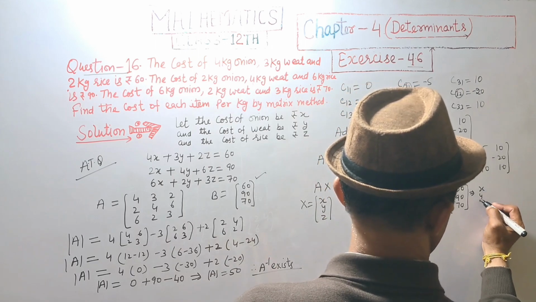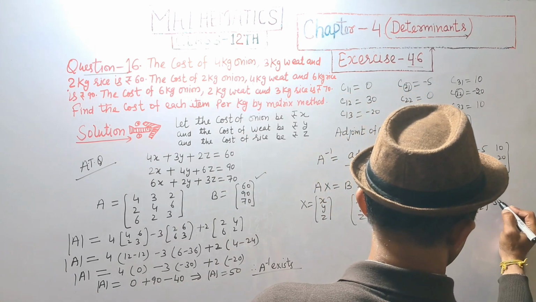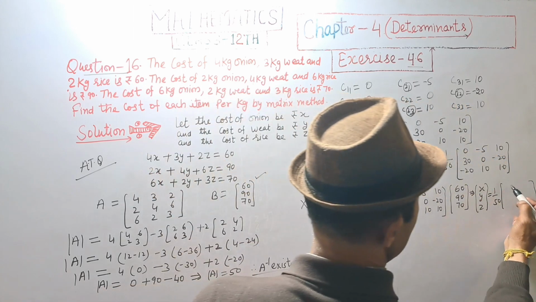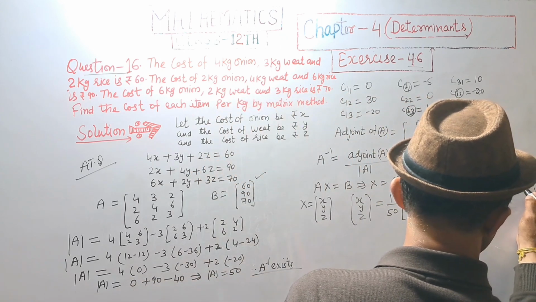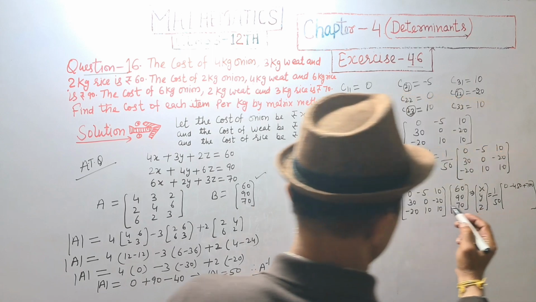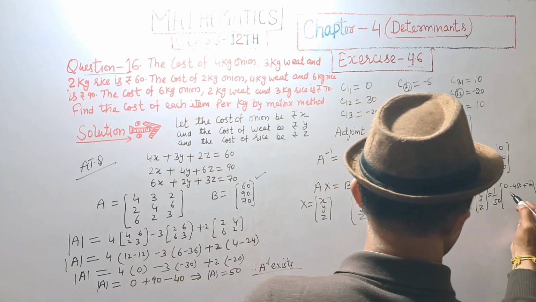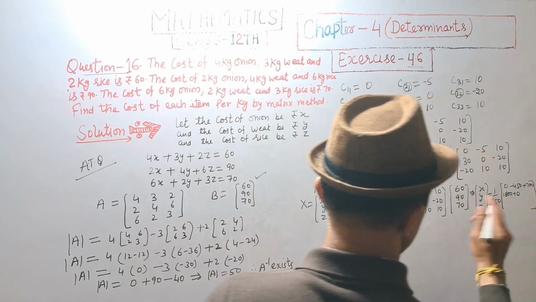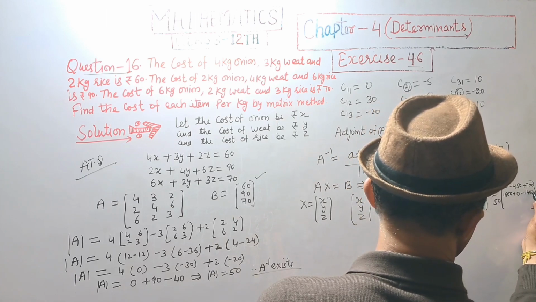This implies x, y, z is equal to 1 upon 50, 0, 9 5s are 45, minus 450, and plus 700. 30 into 60, 1800, plus 0, minus 1400.